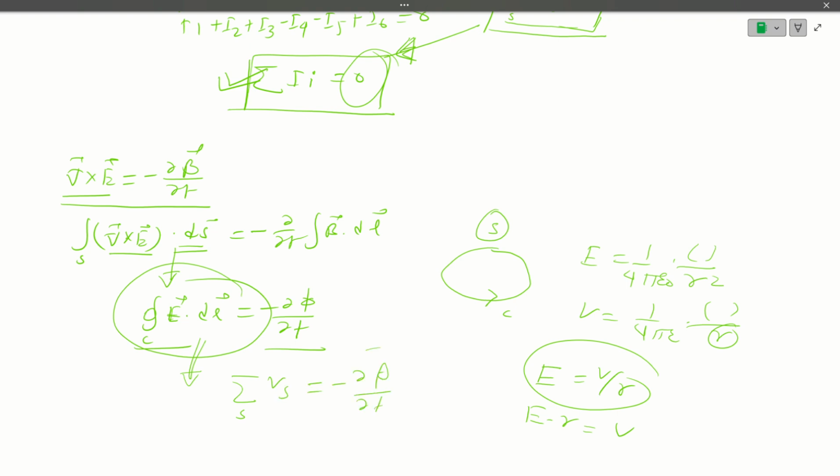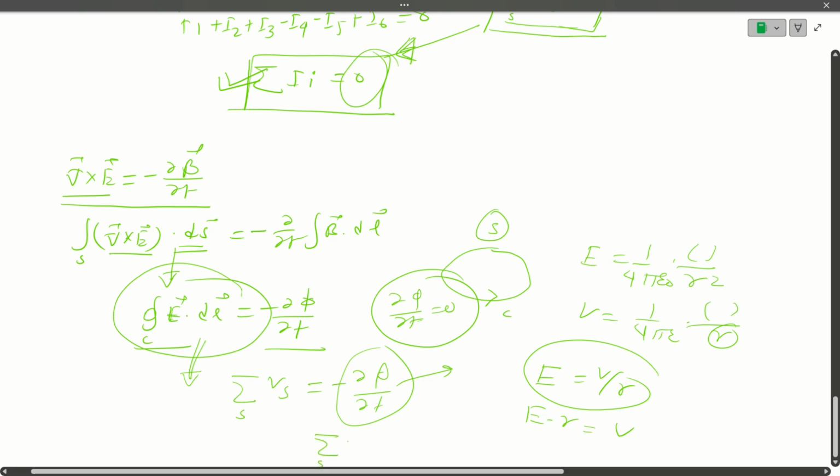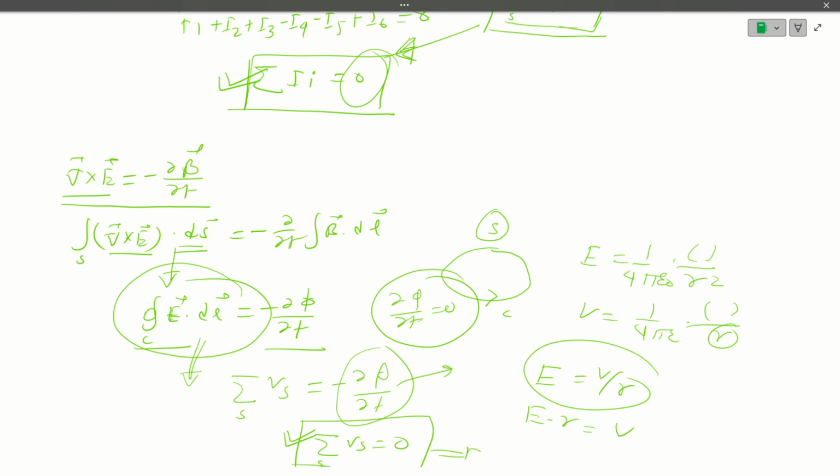Now the time evolution of this magnetic flux is negligible, so we can neglect it and take it as 0. That is, del phi by del t is 0. If we put del phi by del t as 0, then we get the summation of V is 0. So the total voltage enclosed by a loop is 0, which corresponds to Kirchhoff's voltage law.